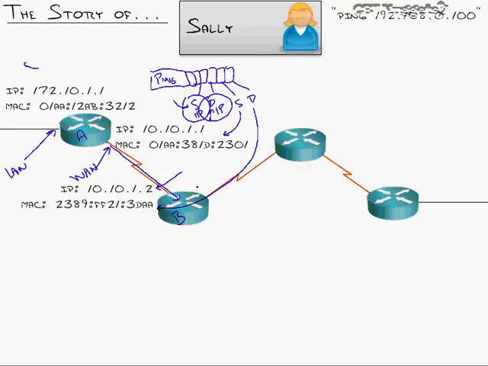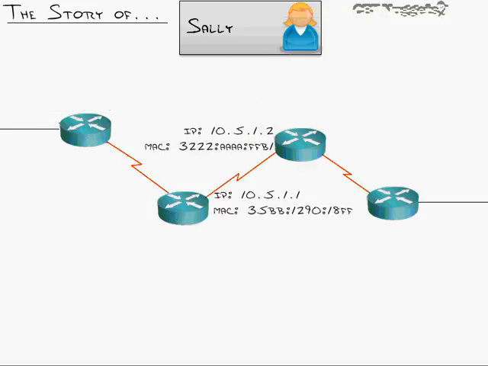So what I'll do is I'll look at my routing table and see how to get to the 192.168.0 network. As it does, it realizes that I need to send the packet upstream to the next router. My routing table told me that. So my next hop IP address is going to be 10.5.1.2, but I'm not going to change the IP addresses in the packet.